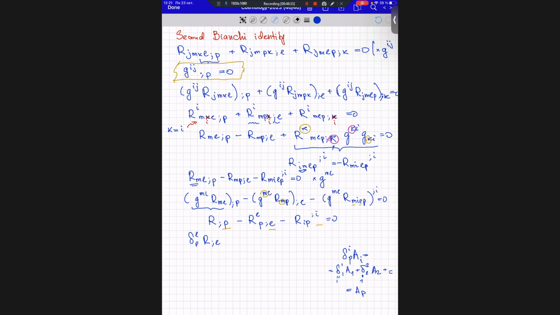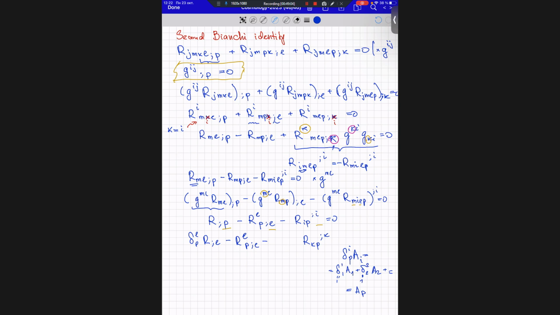The second summand I will leave, because here I have L covariant derivative L and here L, but with the third one I need to do something, and I will do this. Again, instead of I I will put index K, for example, the summation index.